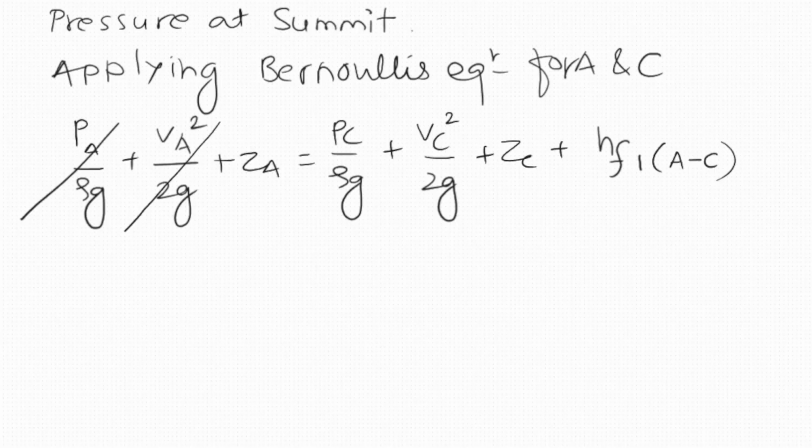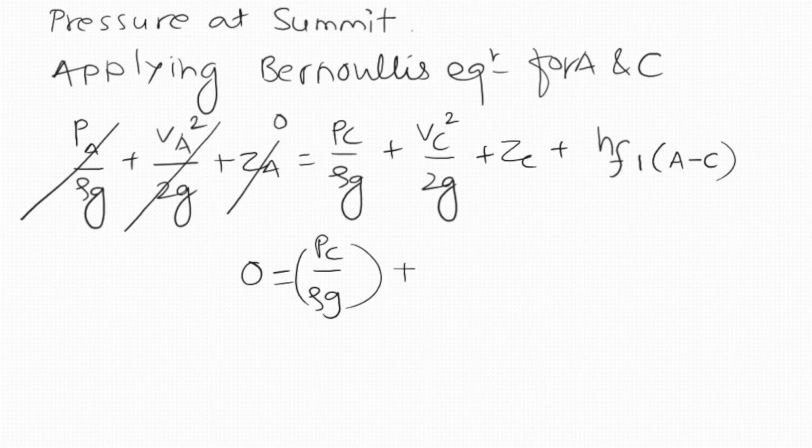And we are measuring the distance with reference to A. So A is our reference point. That's why the value of ZA can be also 0. So we are getting 0 is equal to PC by rho G. That value we want to find out, that is unknown in the numerical, plus VC square upon 2G.